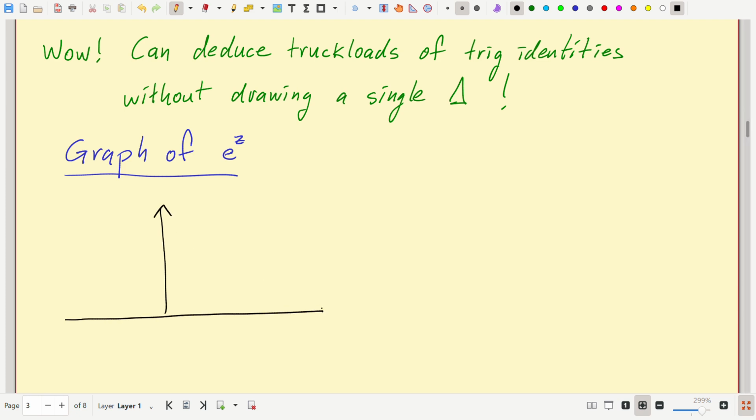So here's the complex plane. I'll take a horizontal line. I think I prefer orange for these horizontal lines. Okay, so I'll make this point be a y here. And so these points along here are x plus iy.